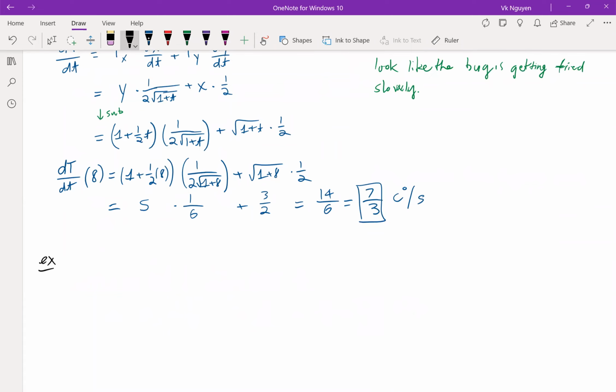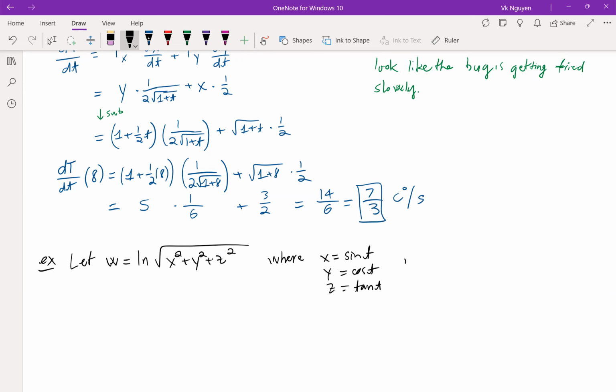Let w equal ln of the square root of x squared plus y squared plus z squared, where x equals sine t, y equals cosine t, z equals tangent t.